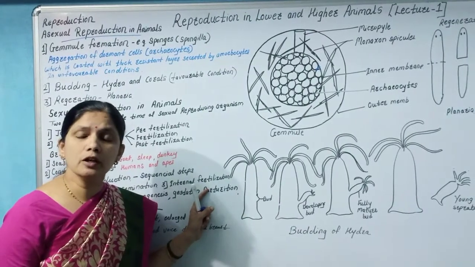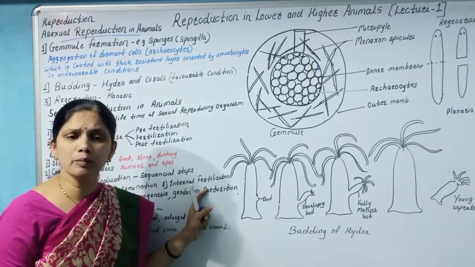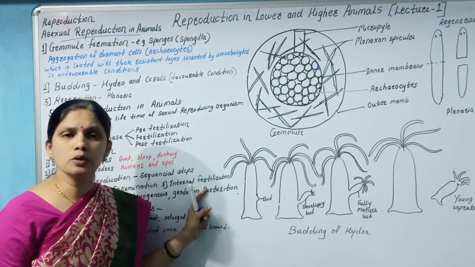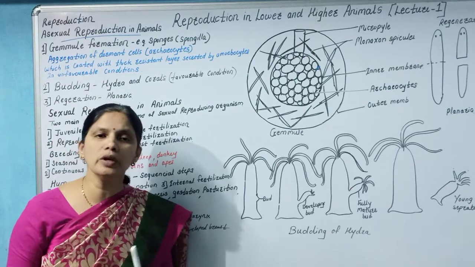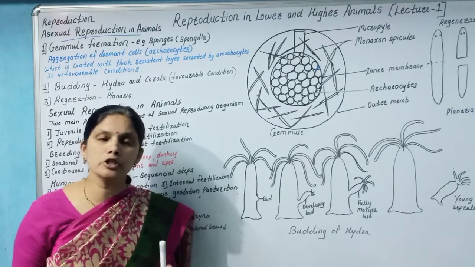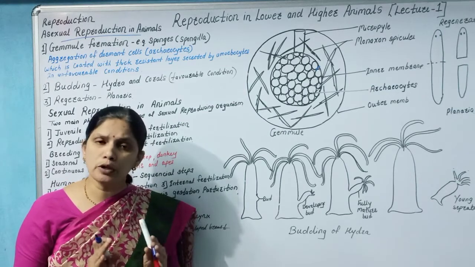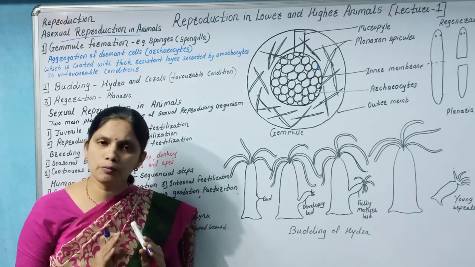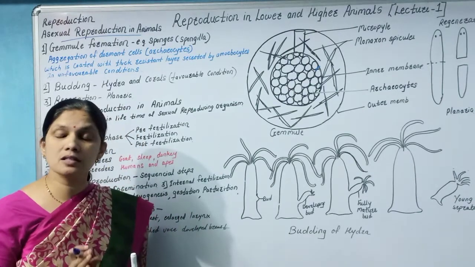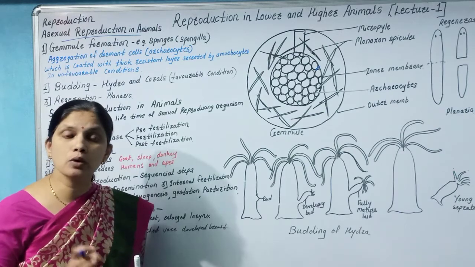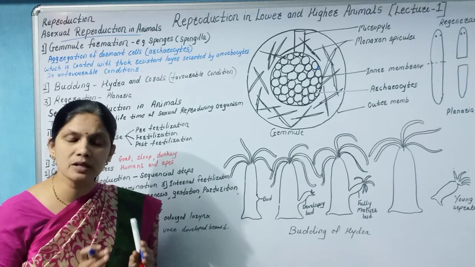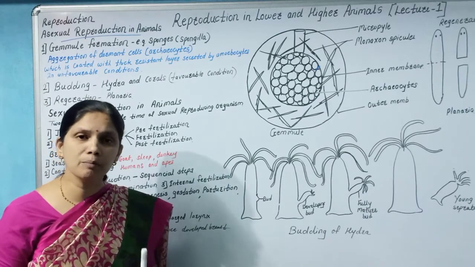Most higher animals show sexual reproduction. In asexual reproduction, there is no involvement of sex organs and no formation of gametes. Reproduction takes place without fusion of gametes, and this is called asexual reproduction, or apomixis, meaning without mixing of male and female gametes.